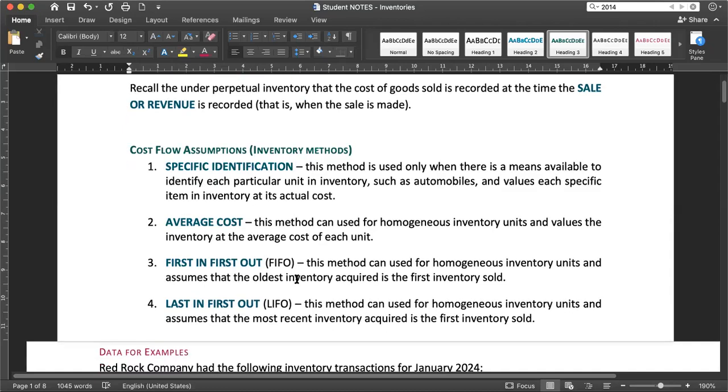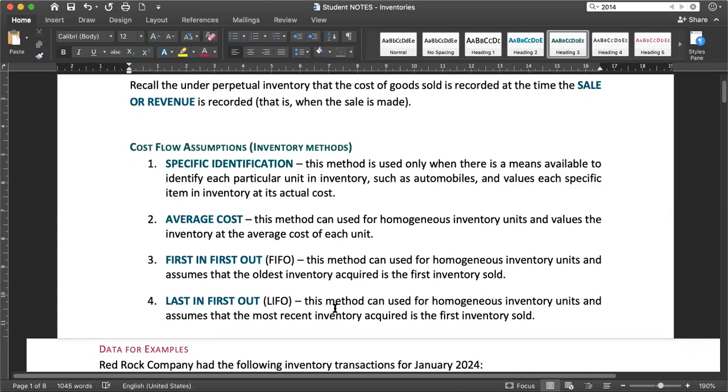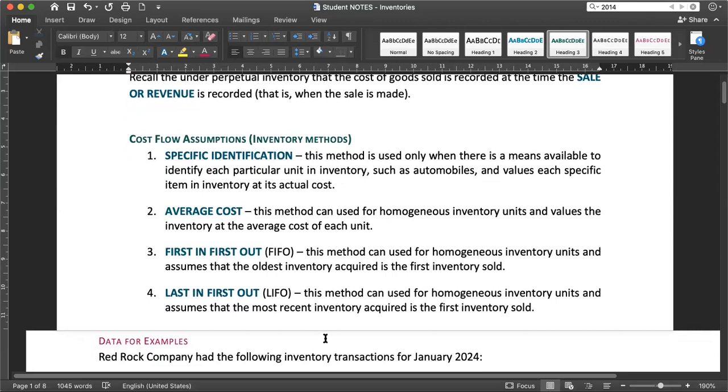Now, most of the time, there are going to be identical units. So if you go to the grocery store, every can of beans of a certain brand and type is the same. When you go to the bookstore, they will have inventory of so-and-so's book, and each one of those would be what we call homogeneous.